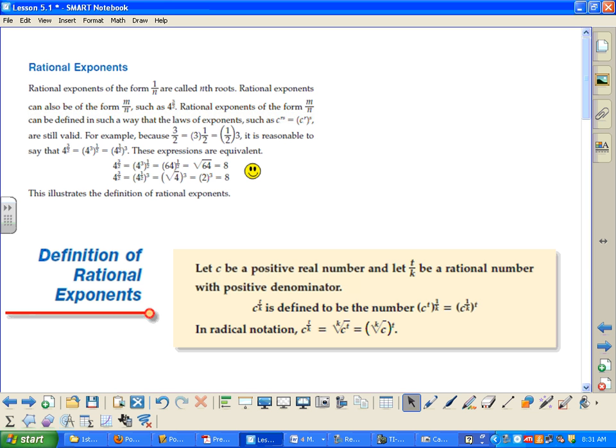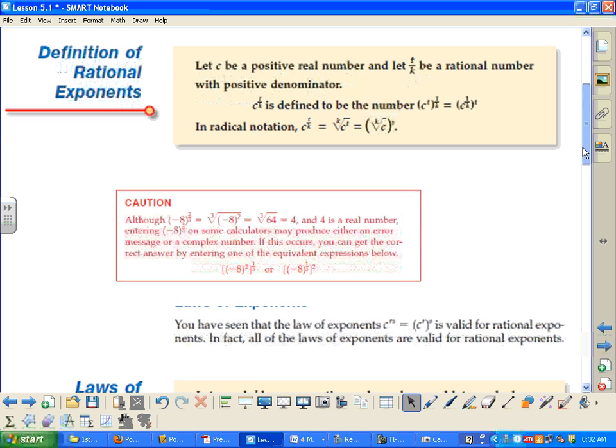Or we could write it as 4 to the 1/2 power to the 3rd, which is the square root of 4, then would be 2 to the 3rd, which is 8. And now sometimes which way you do it, whether you use the first method or the second one, kind of depends on the problem. In this situation here, which one of them is actually easier to find the answer? Okay, the second one, because we're working with smaller numbers. Anytime I can work with smaller numbers, it makes it easier, of course.